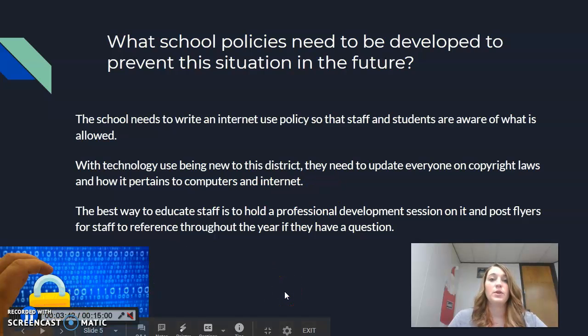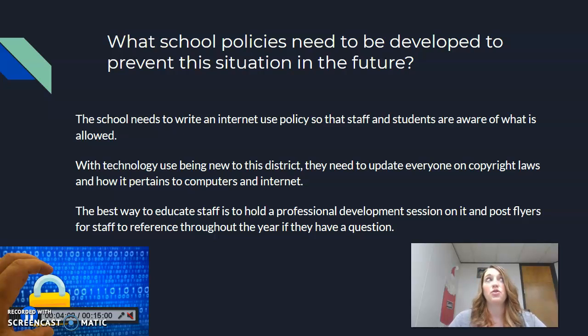So what school policies need to be developed to prevent this situation in the future? So first we need to make sure that there's an internet use policy and that students are fully aware of what is allowed and not allowed. That needs to be a written policy that everyone is aware of. And then with technology use being new to the district, they need to update everyone on the copyright laws.